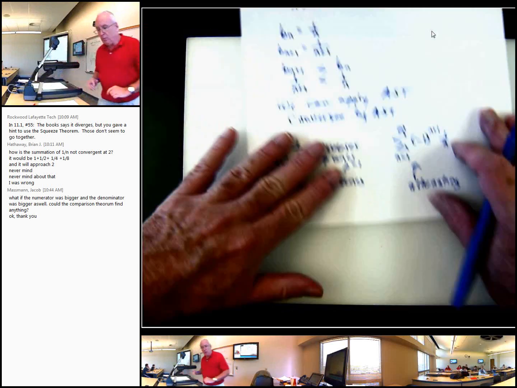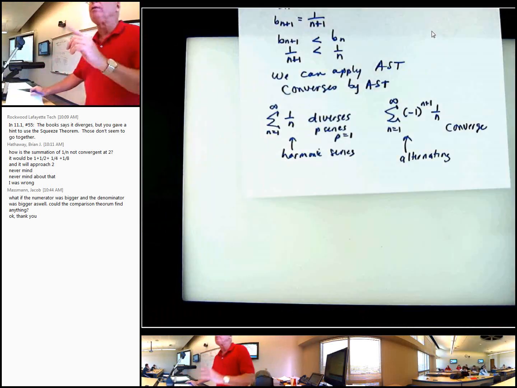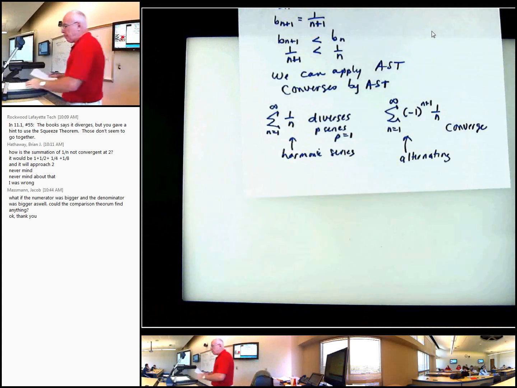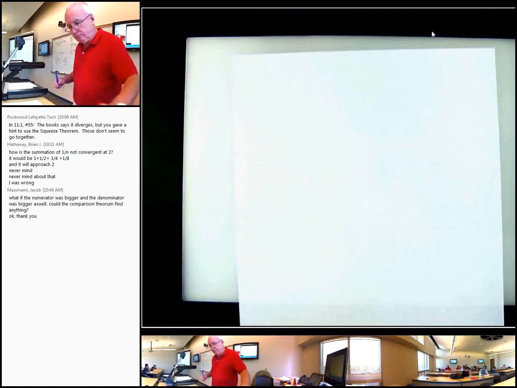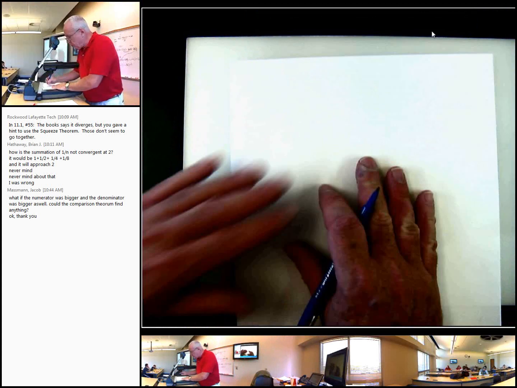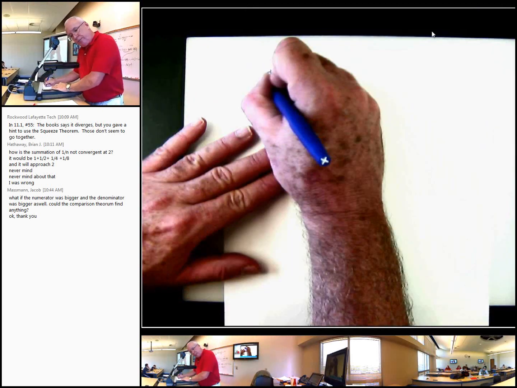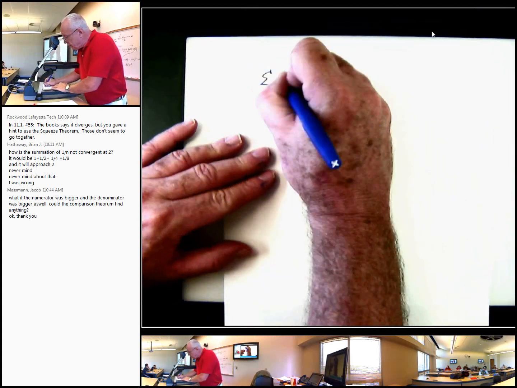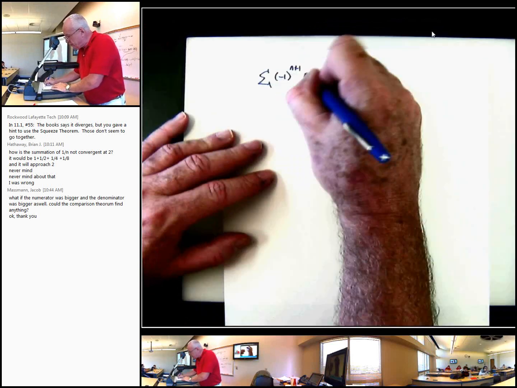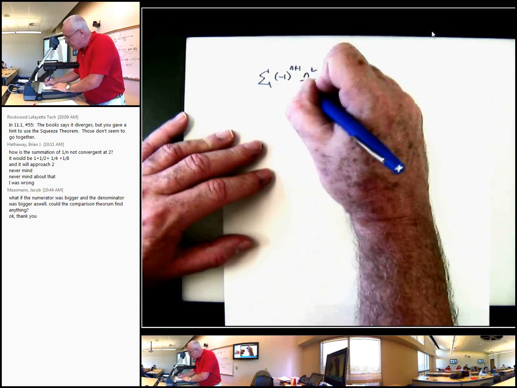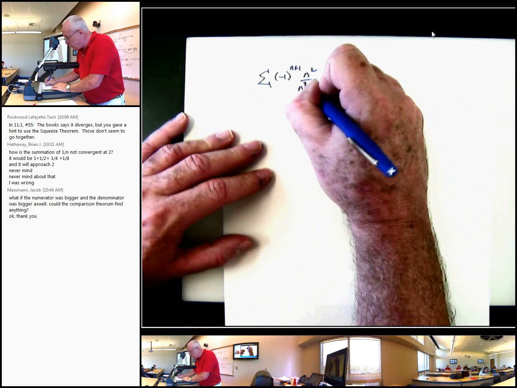We have time for one more example of this alternating series test. This is what we want to look at here: the summation of minus 1 to the n plus 1 power, so that's our clue that we have an alternating series, times n squared over n to the third plus 1.